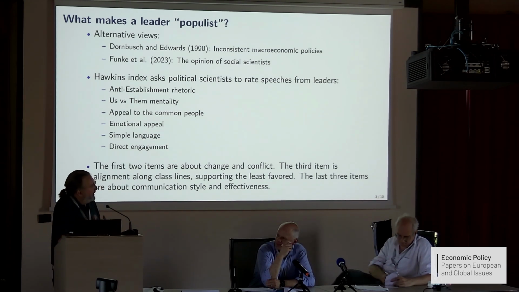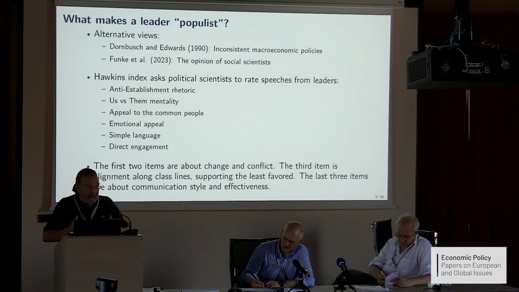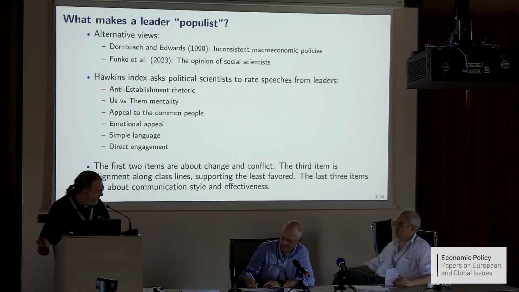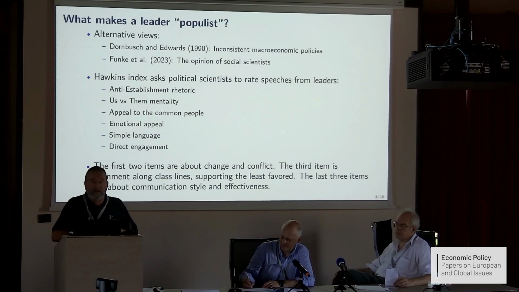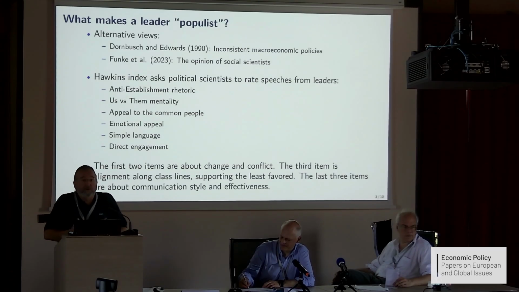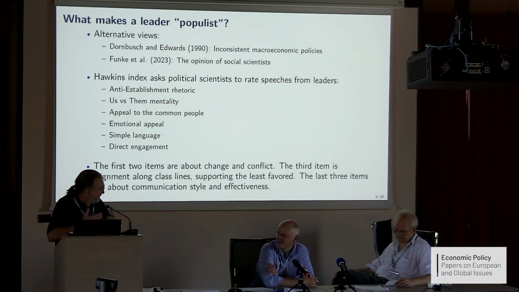So one of the things I would like you to tell us is what are the weights of these items? Now we know what these political scientists are asked to do. I would like to know what are the weights of these items. And could you change those weights and think whether the different effects are coming because I'm a good communicator, whether there's a lot of class struggle, or there is change, or there is conflict?